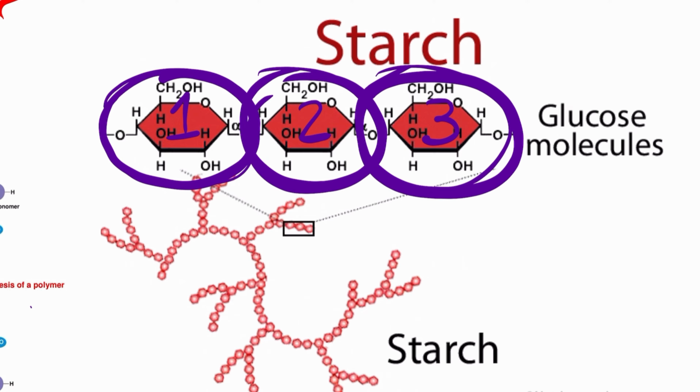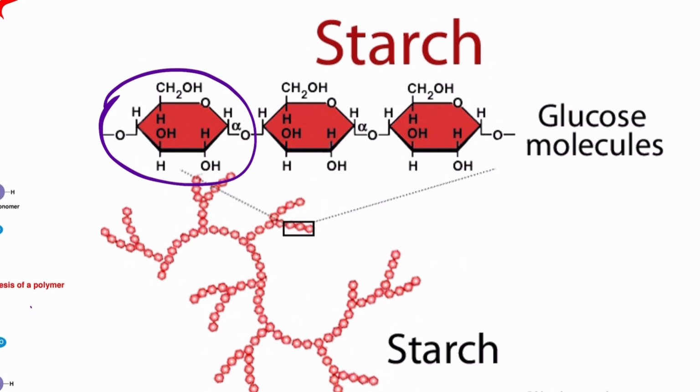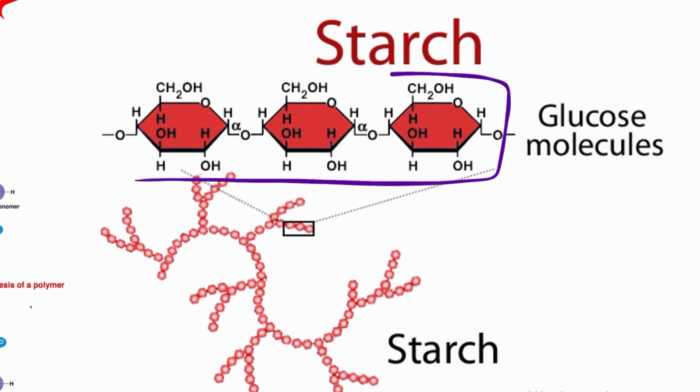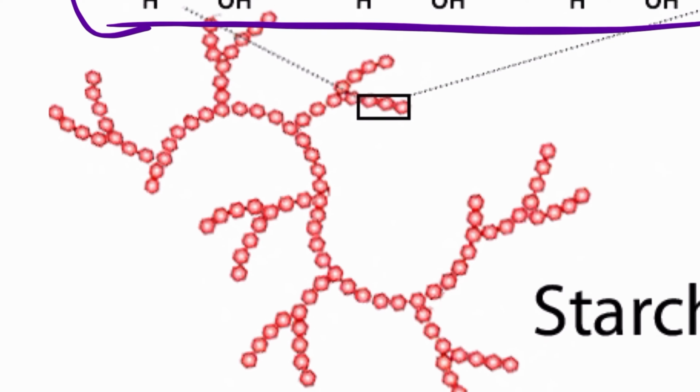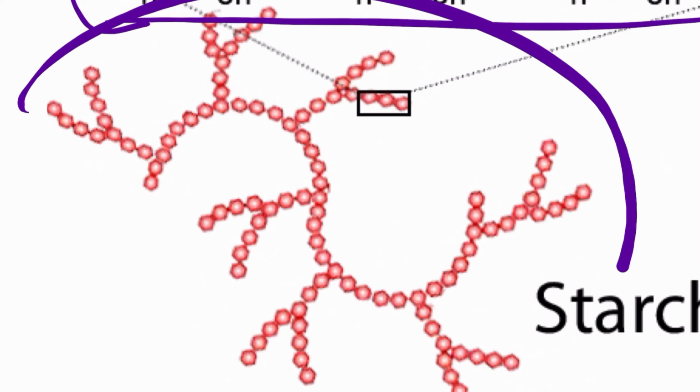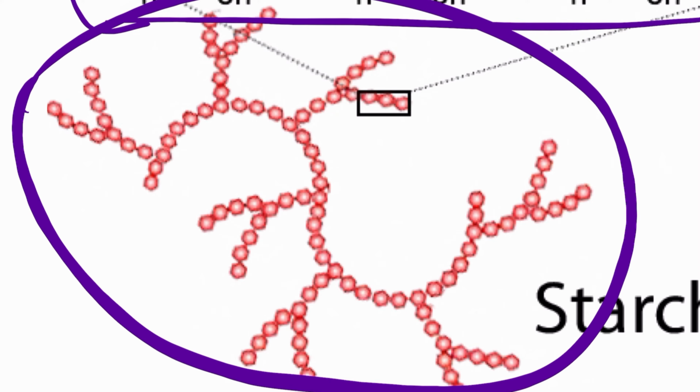Now, when these monomers link together, they form something called a polymer. So this whole thing here is considered a polymer. And once those polymers start to build up, they create something called a macromolecule, like you see here, this starch.